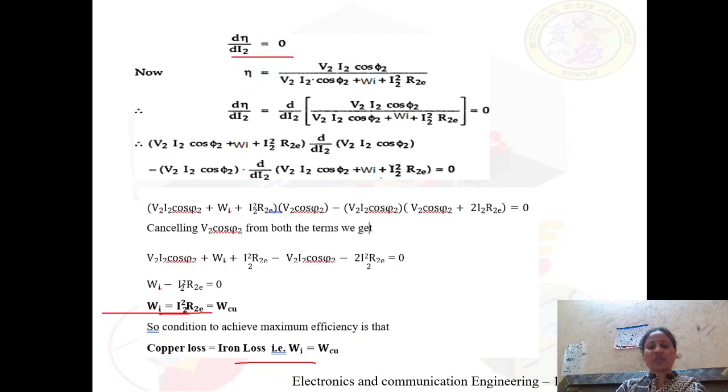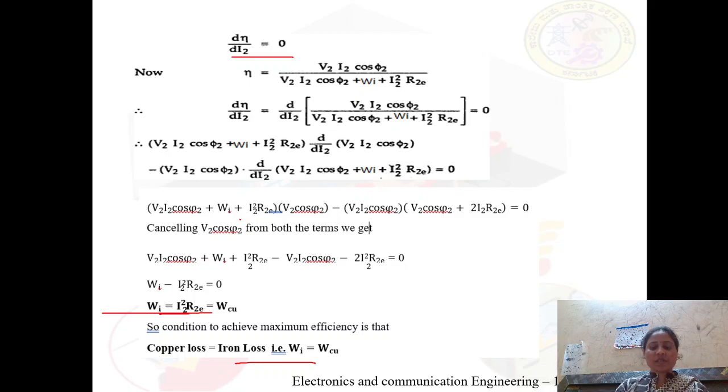The efficiency expression is V2 I2 cos phi 2 divided by V2 I2 cos phi 2 plus Wi plus I2 square R2E. This is in U by V form, so we differentiate U by V and equate it to 0.